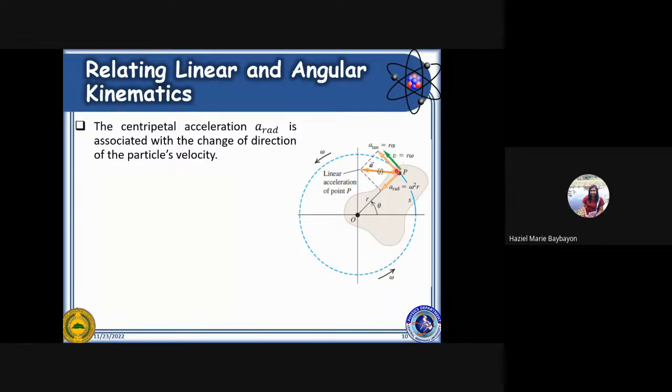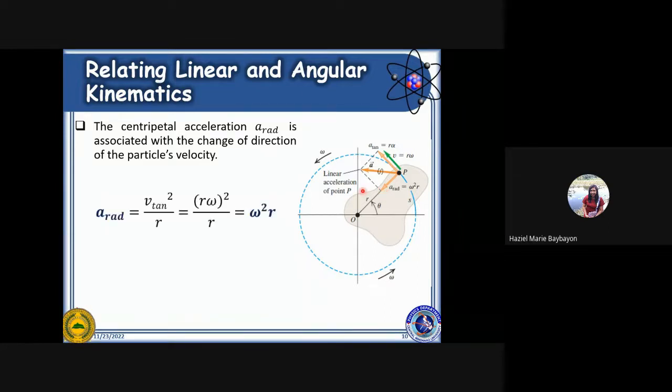And this is the direction of your tangential acceleration. They actually have the same direction as your tangential velocity. And then, aside from the tangential acceleration, we have the radial acceleration or centripetal acceleration that is always directed towards the center of the circular path. Okay?